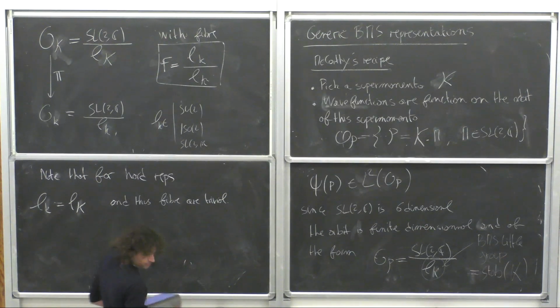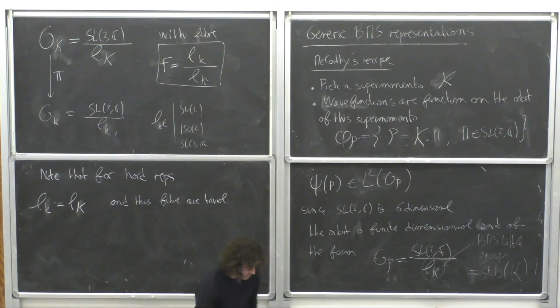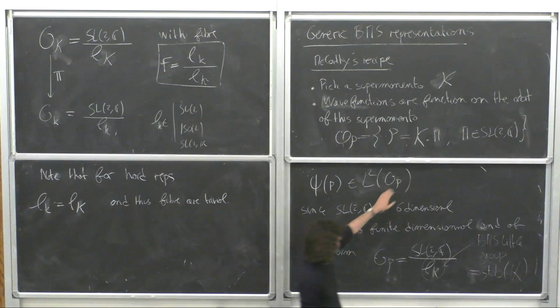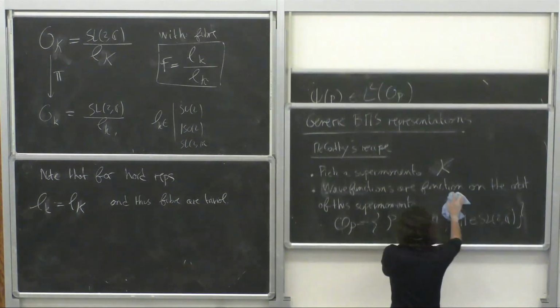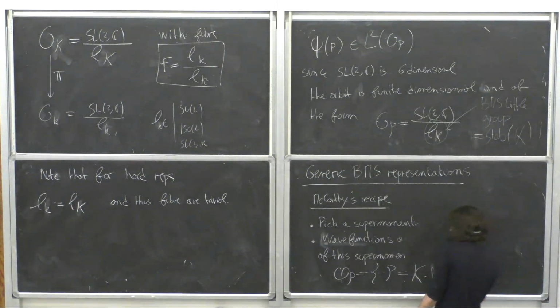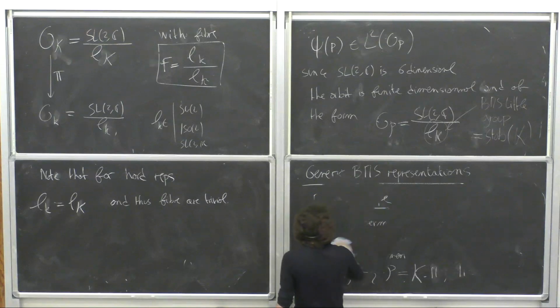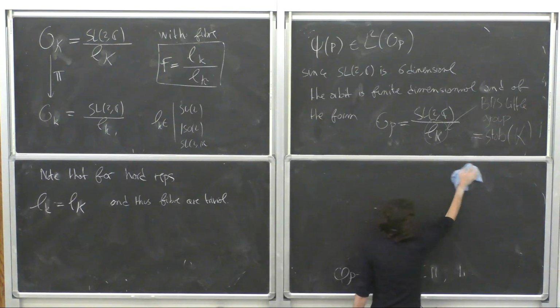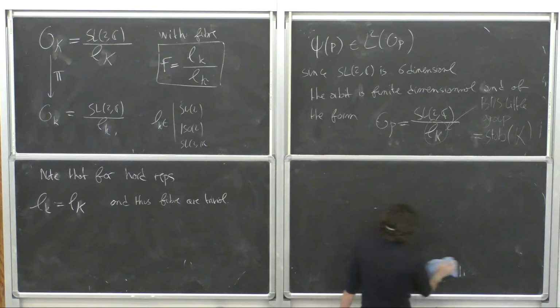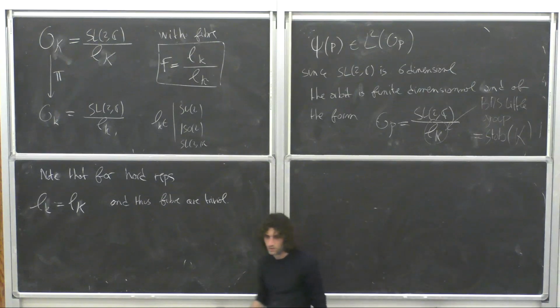Okay, so you can try and play with this, but maybe the last thing I would like to say before concluding is how we should think of a generic supermomenta. Hard supermomenta we understood.